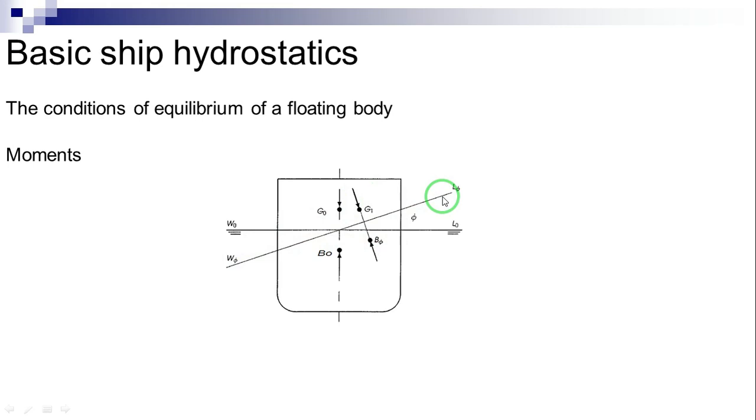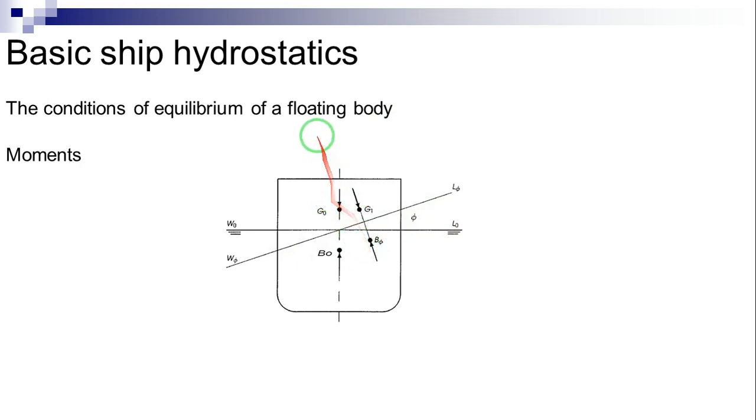The weight and the buoyancy force act along this line. Thus, in the case of a floating body, the second condition of equilibrium is satisfied if the center of gravity and the center of buoyancy are on the same vertical line. This condition is attributed to Simon Stevin.